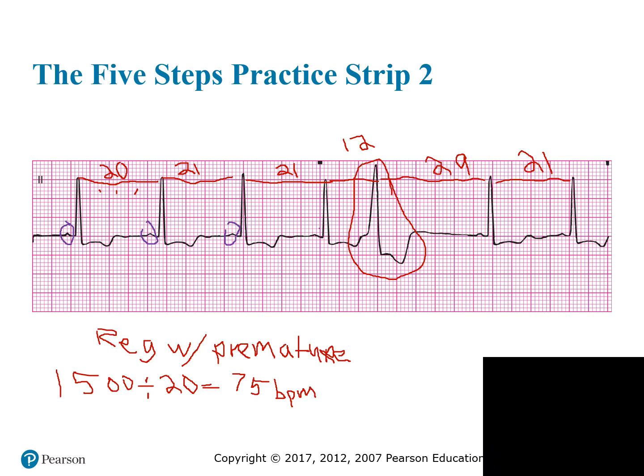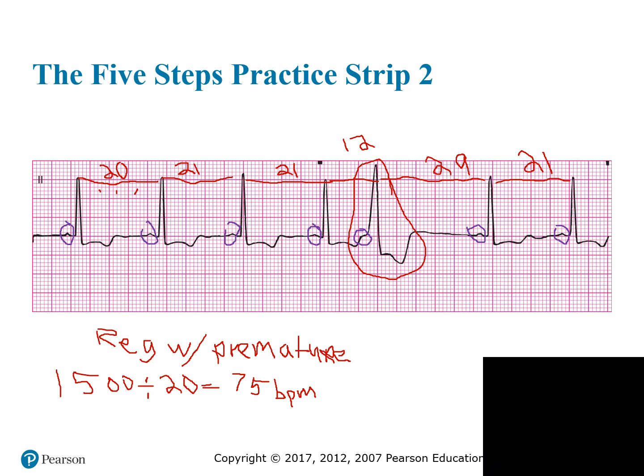There's a P wave here. There is QRS T, a little P here, a P here, and a P here. So yes, we do have P waves. For every P, there is a preceding QRS.